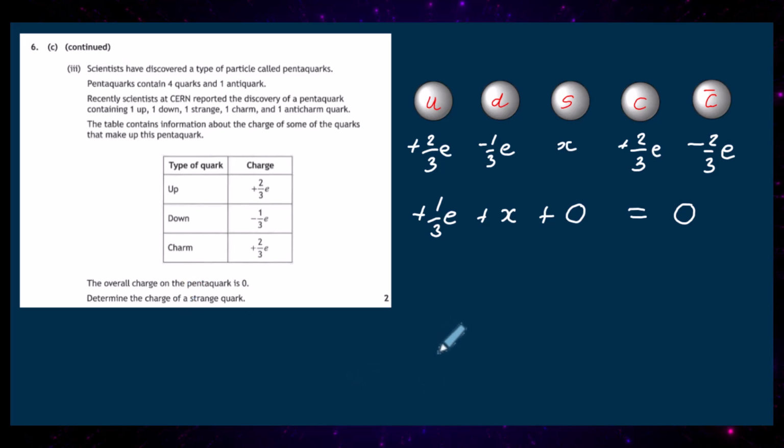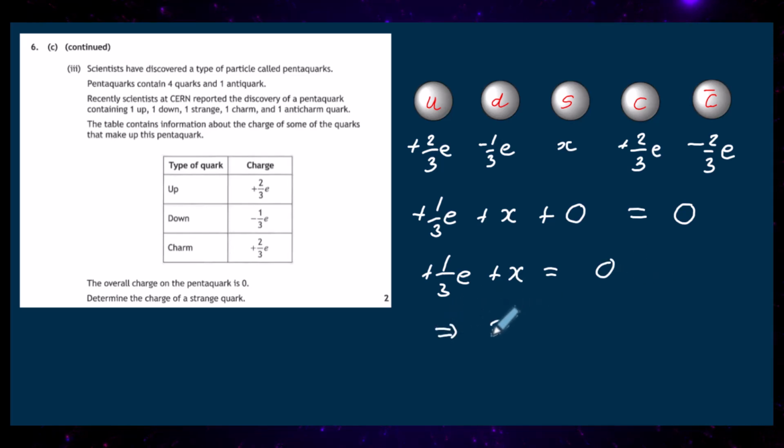So we've got a simple equation we can rearrange. We can say that plus 1/3 of an electron plus X, the charge on the strange quark, must be equal to 0. And therefore the charge on the strange quark must be equal to minus 1/3 of an electron.